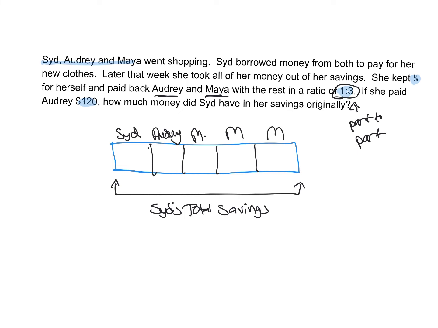So now all of our parts are accounted for, and this whole box still accounts for Sid's total savings. The next part of the problem says Audrey got $120. So now I know that Audrey's part is 120. Since this has to all represent equivalent parts because of the ratio, I now know each part is worth $120.